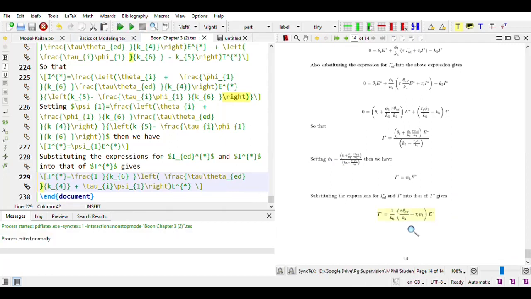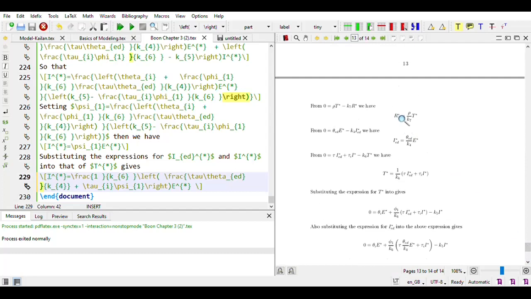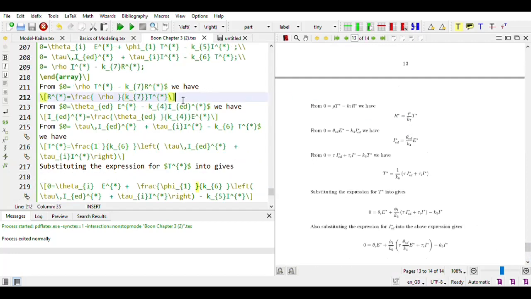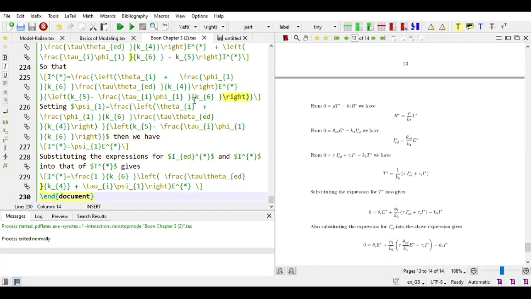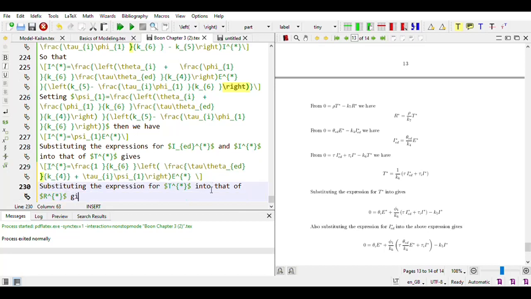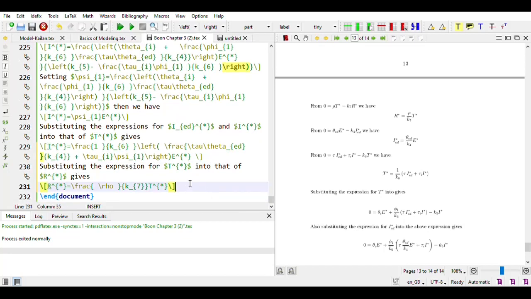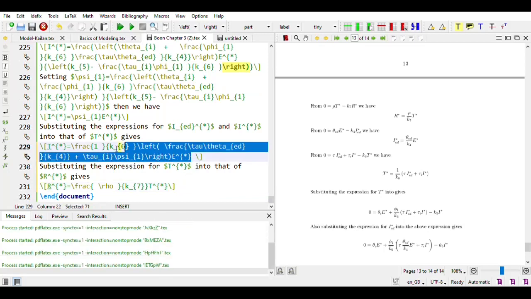So now what we have done is that we have I, we have T, we have I, and we have I_ED, all in terms of E, and then we have found R in terms of T. So once we now have T in terms of E, we can find R in terms of E. And so if we substitute the expression for T star into that of R star, we are just putting the expression for T star right into it.